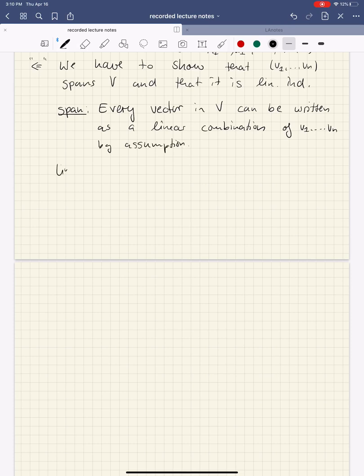Great. And so now linear independence, and this should tie back to the fact that it's unique.